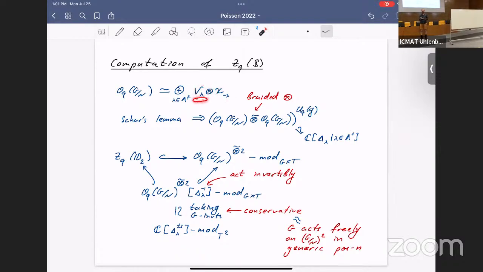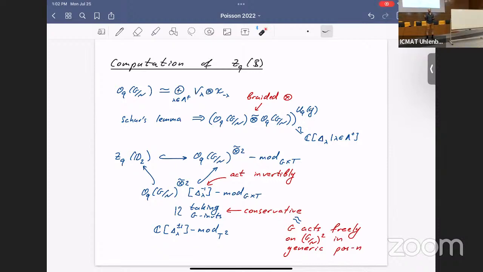This is the highest weight UQG module. This is a lowest weight UQT module. And by Schur's lemma, if you have a tensor product of two such guys and you take UQG invariants, your algebra of invariants is a commutative algebra.